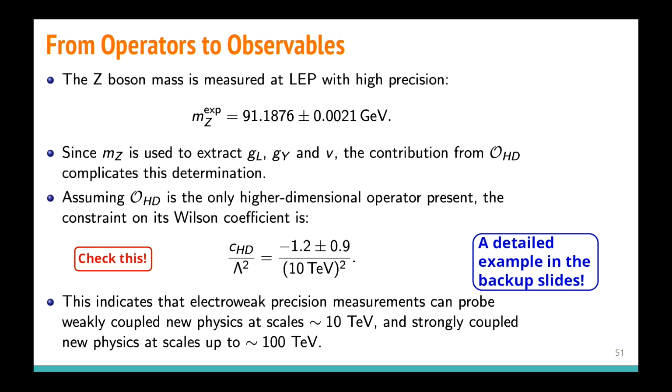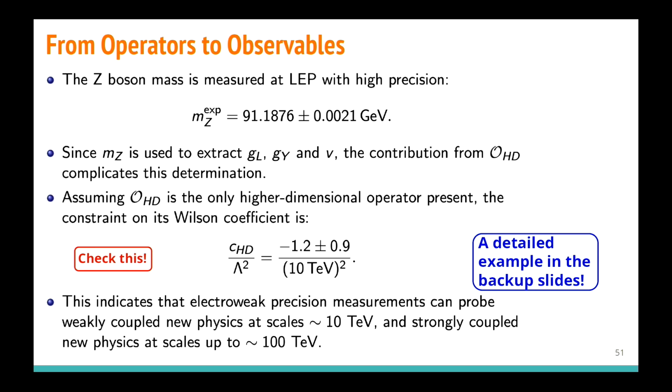I have left a detailed example in the backup slide, so if you are interested later on, or if I can finish my main slides, which I am not sure I'll be able to, we can go through this explicit example. This indicates that electroweak precision measurements can actually probe weakly coupled new physics. When I say weakly coupled, it's a coupling of the order of 1.